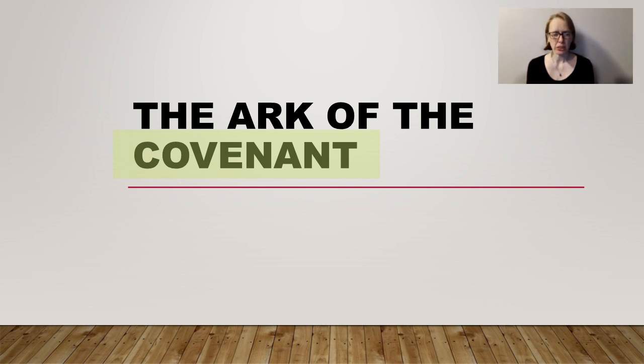This was a conditional covenant: the people of Israel had to obey God's commandments, and obey him. Yahweh promised to do good to them if they followed his laws. If they didn't, he warned that he would punish them and disperse them.